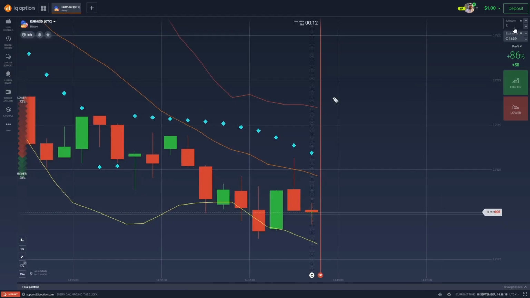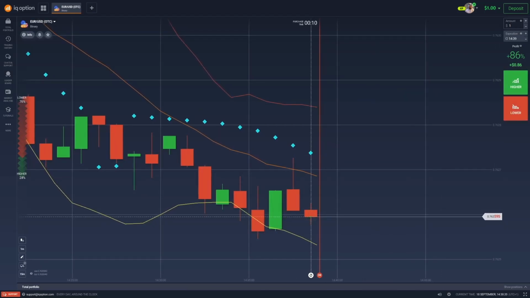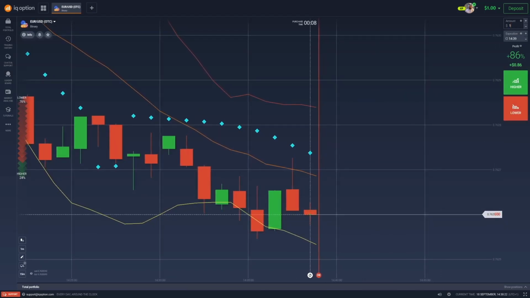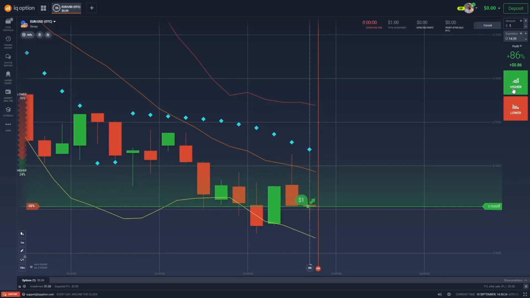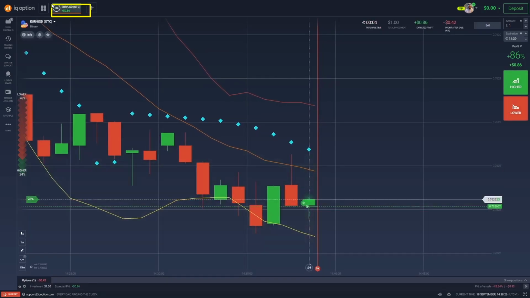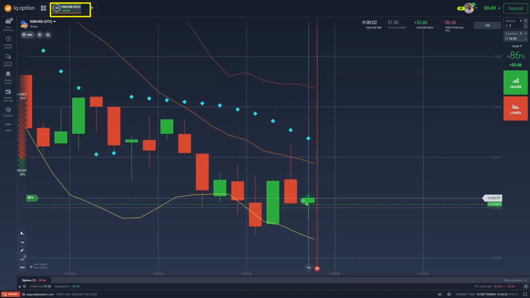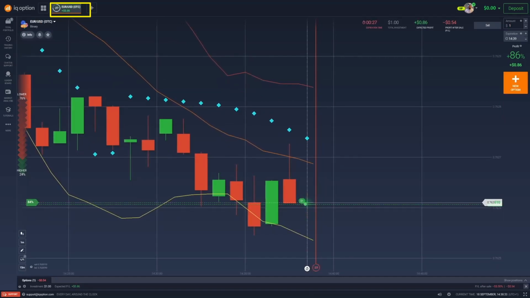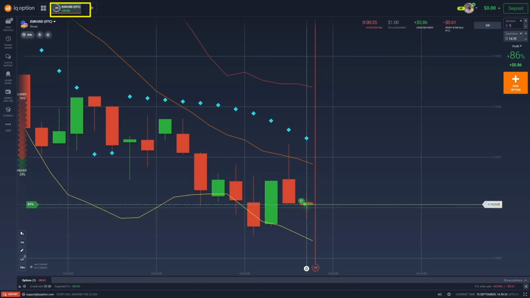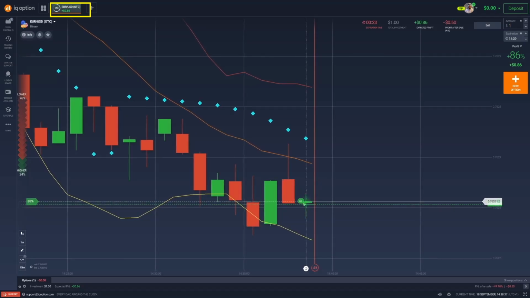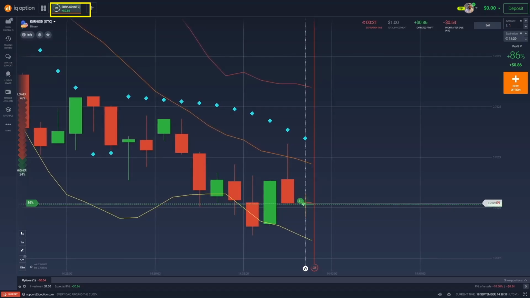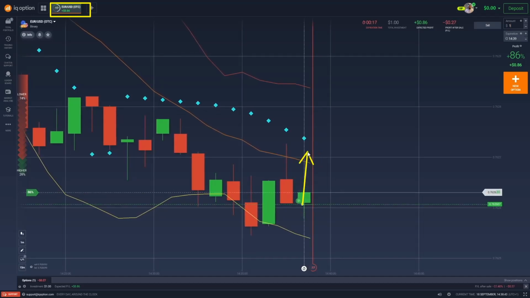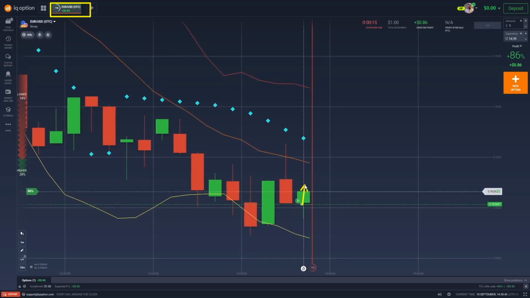Another trade. We are trading a binary option on IQ Option, right now trading Euro USD on the OTC. As you can see, we are trading candle by candle on a 1 minute chart, and this one is expected to go up.